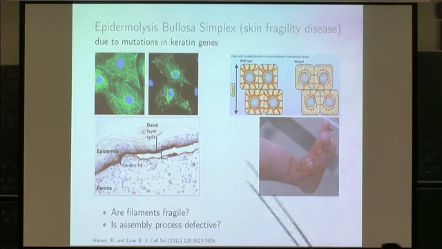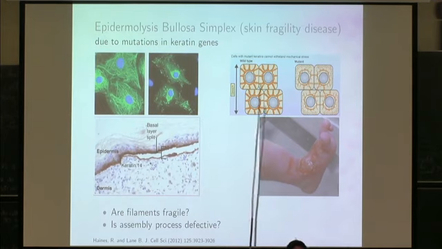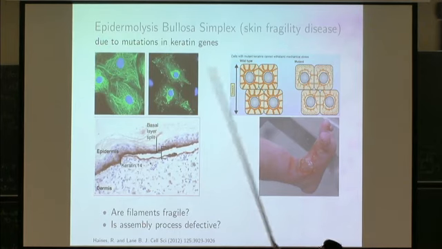So if you take cell with normal keratin, you pull on your cell, what is going to happen? So the network of intermediate filament is going to deform, absorb the stress, and the cell and the tissue are going to be preserved, let's say, maintained. So in here you have the normal cell, the diagram equivalent to that.